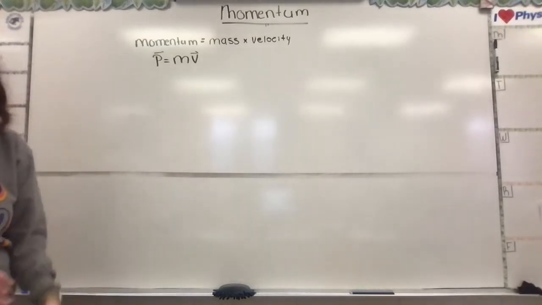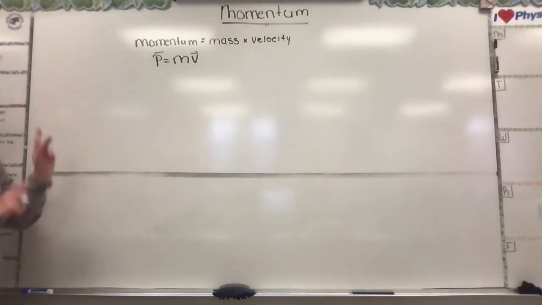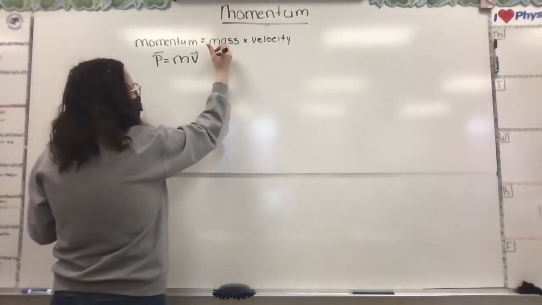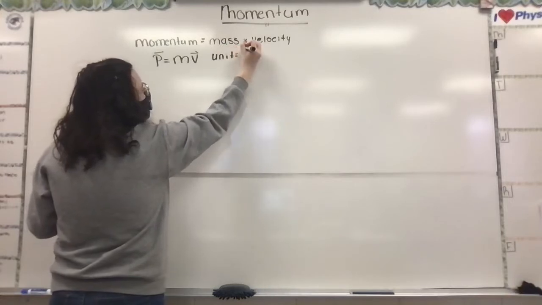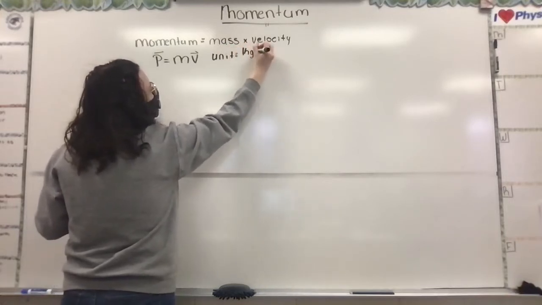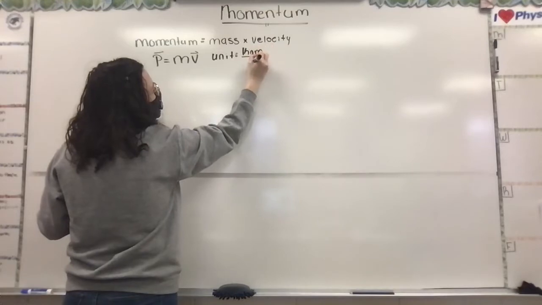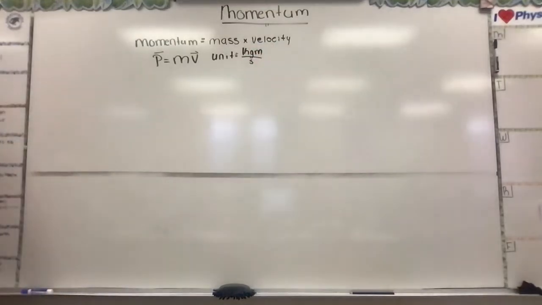So let's give this a go. Oh, also the unit. That'd probably be important. The unit is kilogram meters per second. So it's just combining both units? Mm-hmm. That's all everything is, combining units.